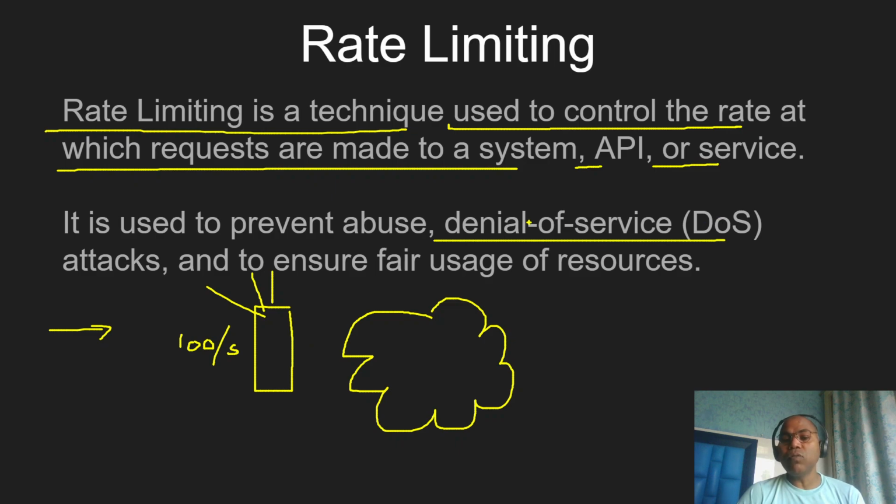So to prevent such an unwanted situation in my system, we need some kind of rate limiting technique to ensure fair usage of resources. Whatever the resources, whatever the plan we have decided, accordingly our system must be used by the customer.